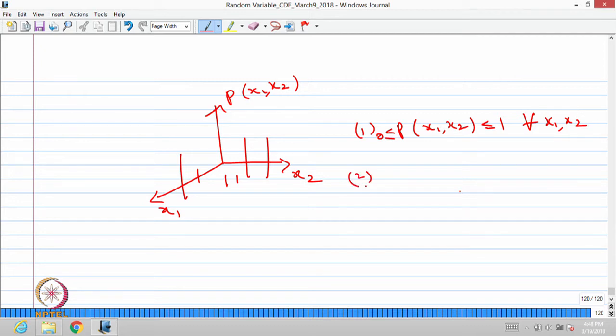The second condition, if you make a double summation of probability mass function over the different x1 x2, that is going to be 1. That means if you add all the heights over the x1 x2 plane, that addition is going to be 1. That means wherever there is a mass, it is greater than 0. If you add all the masses, that is going to be 1.